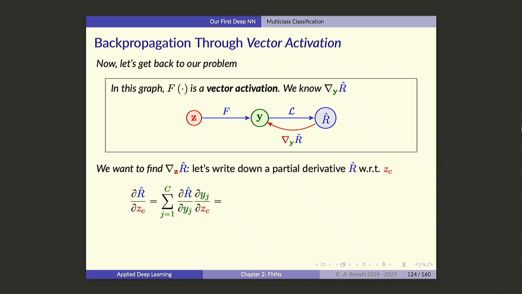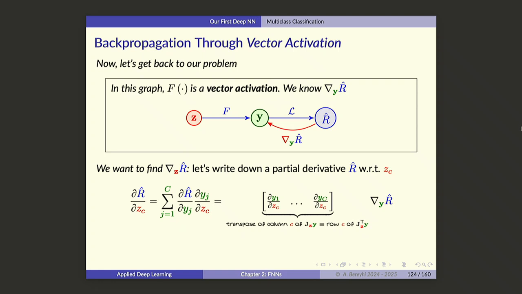Okay? So you can simply see that this is basically this term. I mean, you can open it up. This is an inner product of column c of your Jacobian matrix times the gradient of r hat with respect to y. So you basically get one of those columns in your Jacobian matrix, and you inner product it with your gradient that you already have.